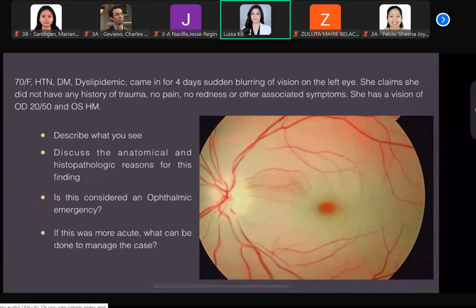If this was more acute, what can you do to manage this case as an intern in the future? Acute treatments can include ocular massage, anterior chamber paracentesis, and hyperbaric oxygen, Doc. Okay, this would also have inconsistent success.